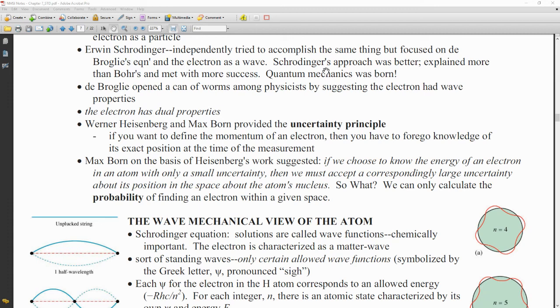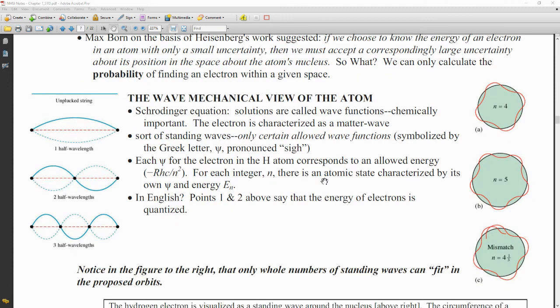And Schrodinger really defined these regions based on waves. He said, okay, if those electrons are basically moving in a standing wave pattern, they have to perfectly match up at certain distances. So if I have 4 crests exactly going around, that would be the n equals 4 level.